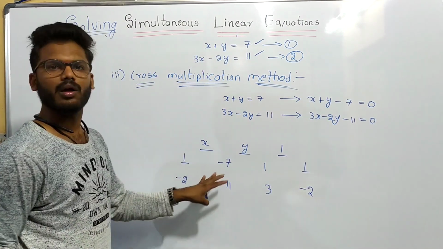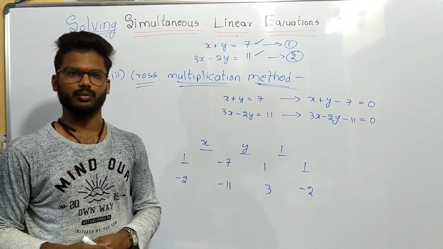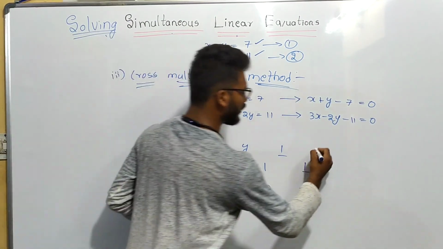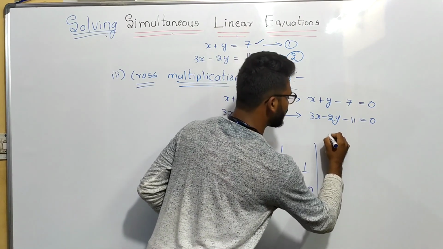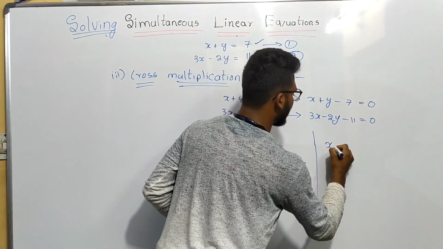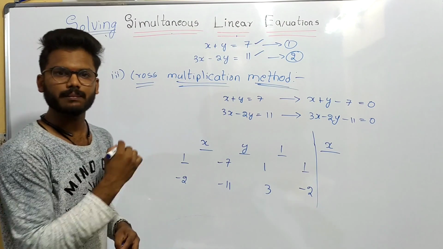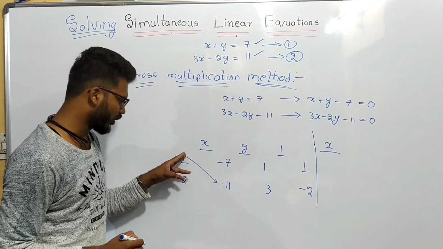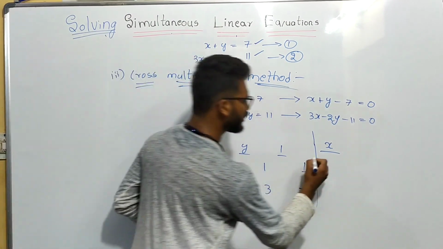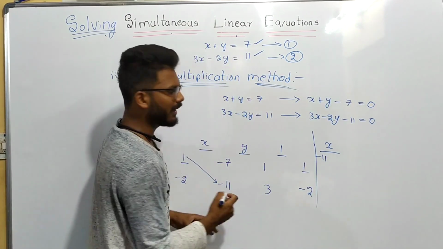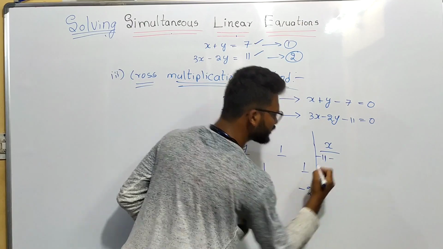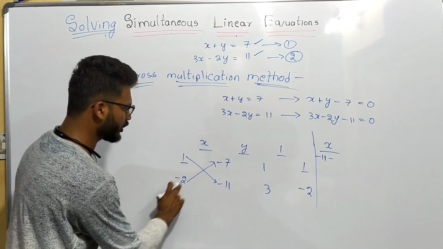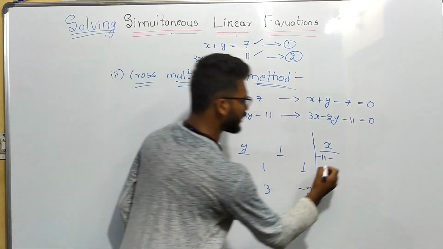Is it clear? Now, after writing this, what do I have to do? First, for x by, you have to multiply like this. What will you get? 1 into minus 11 is minus 11. After multiplying, keep minus and then write what you get here: minus 2 into minus 7 is plus 14.